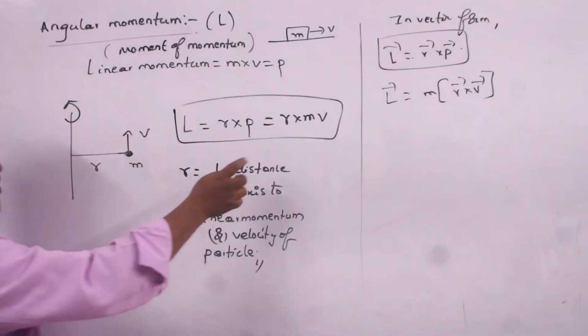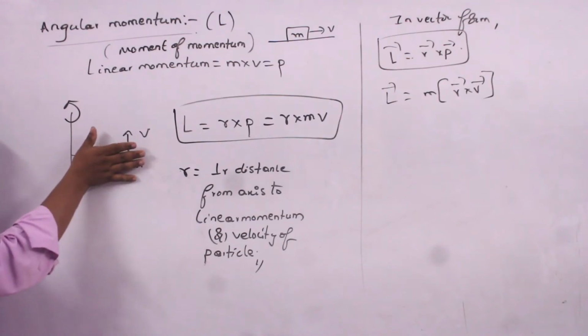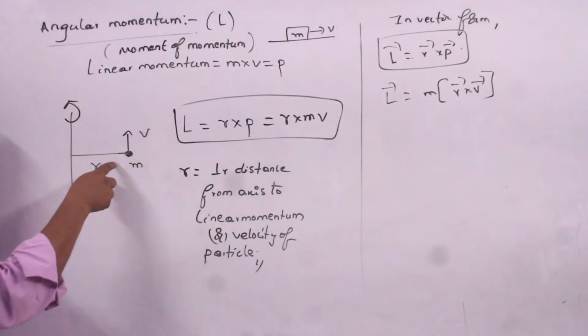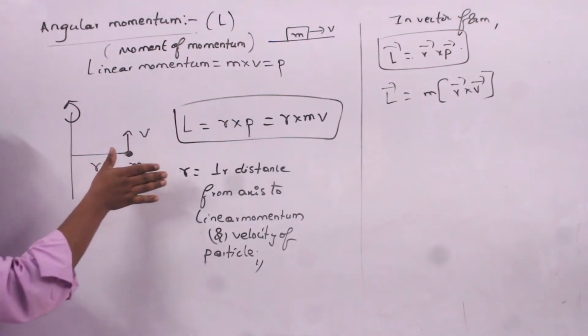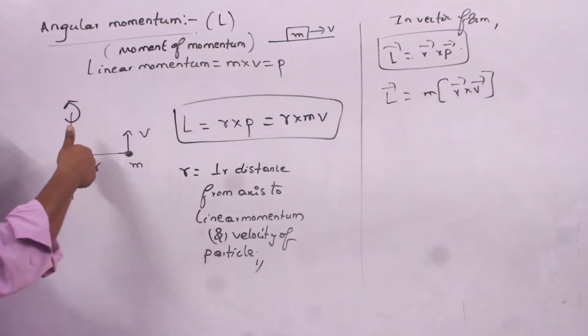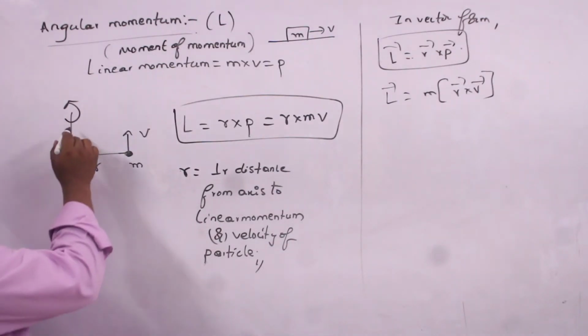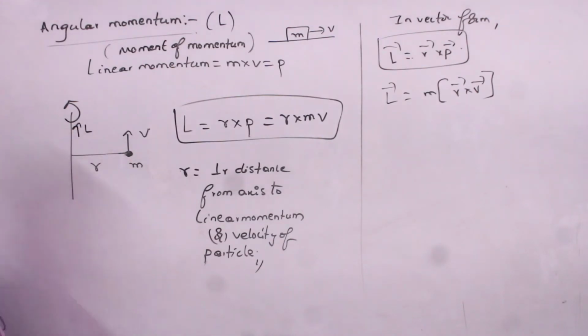So place your right hand on r vector. This is the first vector, no? Place your right hand on r vector. Velocity is in which direction? Inside the board. So rotate your fingers inside the board. What is the direction of the thumb? The thumb is in the direction of the axis, no? Are you able to understand? So therefore I can say this will be the direction of angular momentum. Okay?